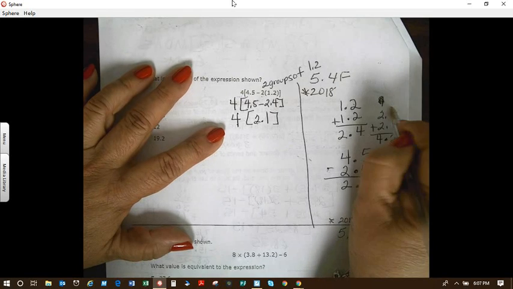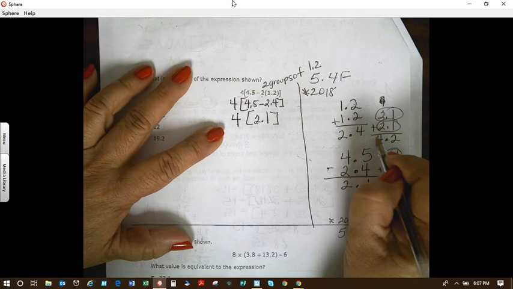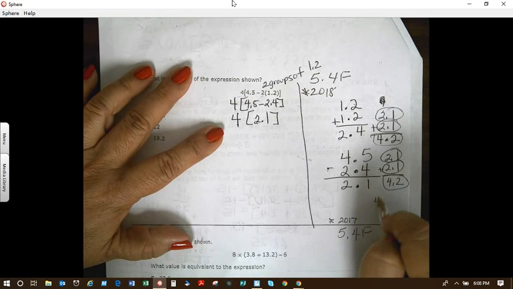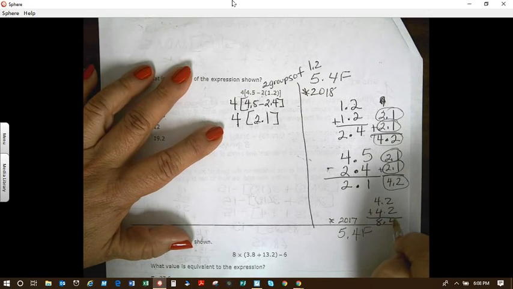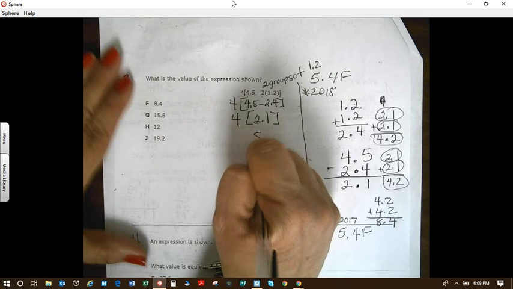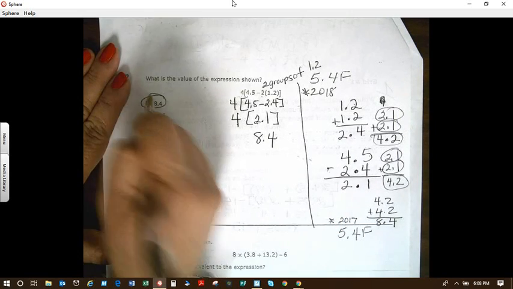So this is 1 group, 2 groups, 3 groups, 4 groups. And I have a partial sum and a partial sum, and I need to add those up. 4 and 2/10 plus 4 and 2/10 is 8 and 4/10. Okay? And that's my answer there. And so the answer is F.